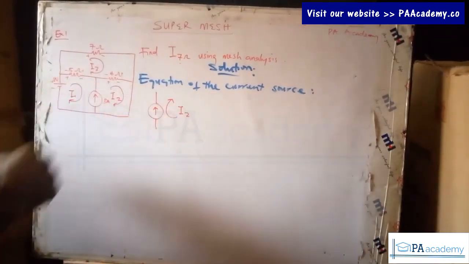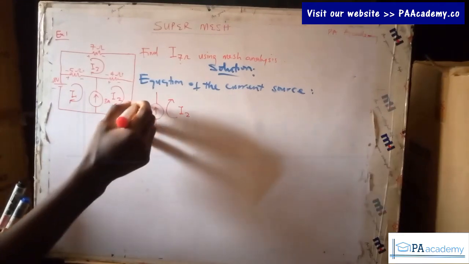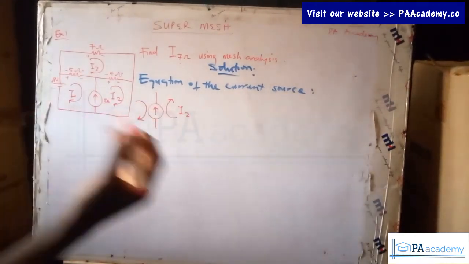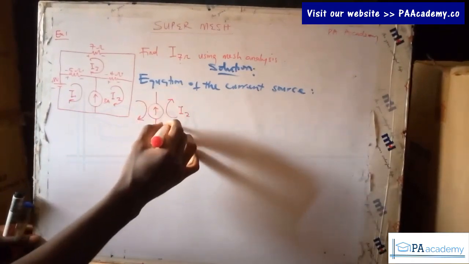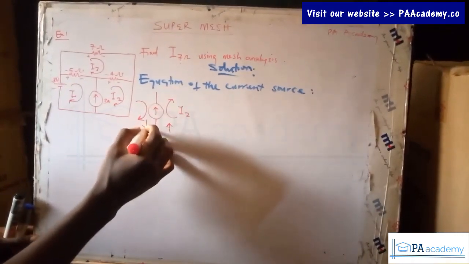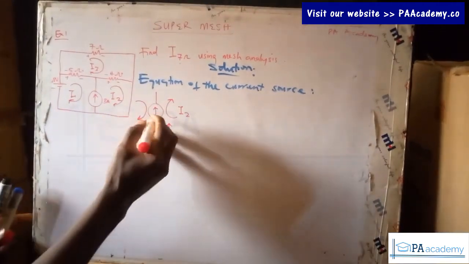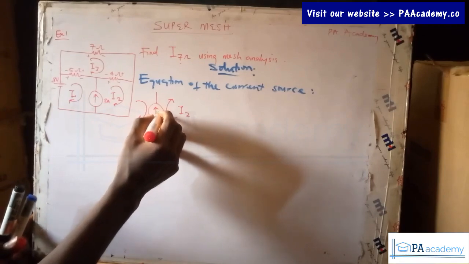We also have I1 on this side, going like this. So I2 is flowing upward and I1 is flowing downward. If I want to, I can just use any of these two to represent it. And then we have the value, which is 3 amperes.